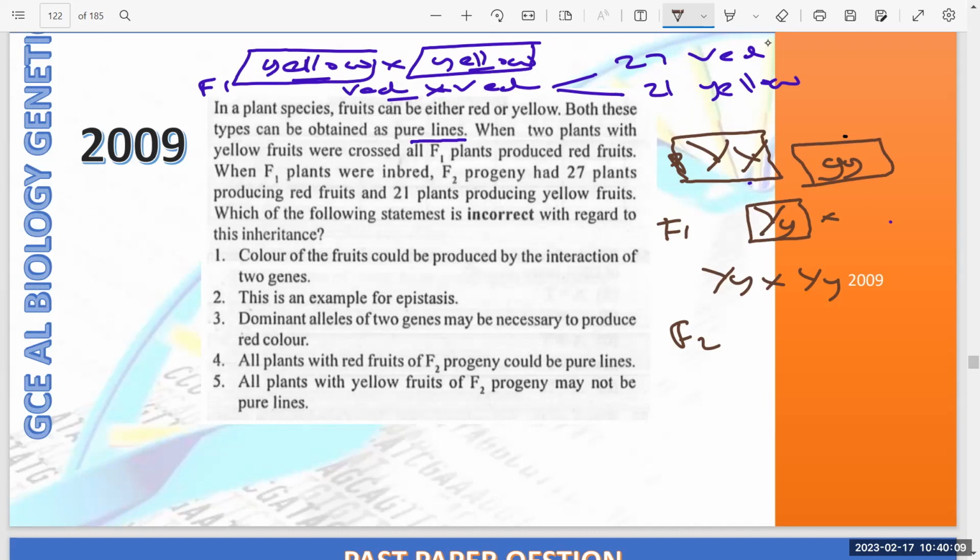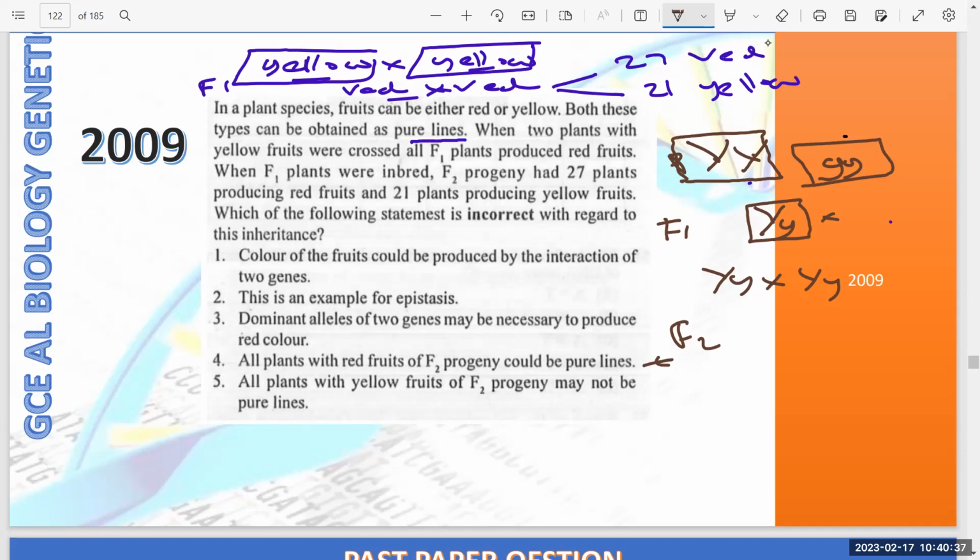So if we go for F1 and F2 generations, we can't observe pure lines. So if they say in the F2 generation, all plants with red fruits of F2 progeny could be pure lines, we have a small doubt in this case. If they mixed up red and yellow here, how could there be a pure line again in the F2 progeny?